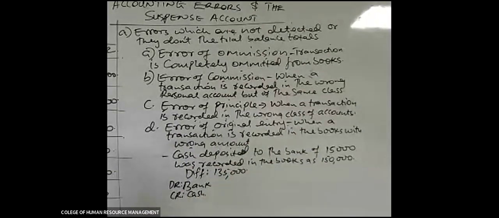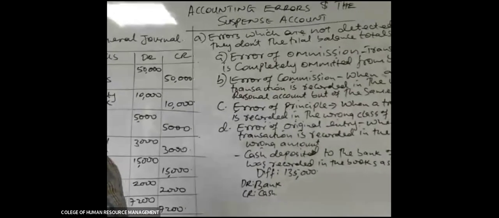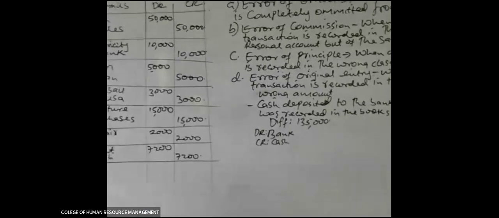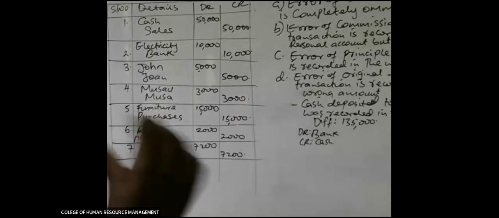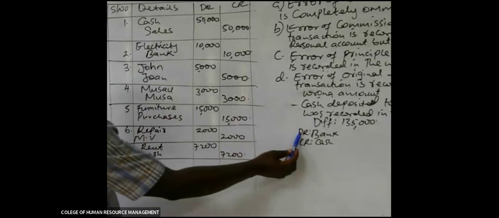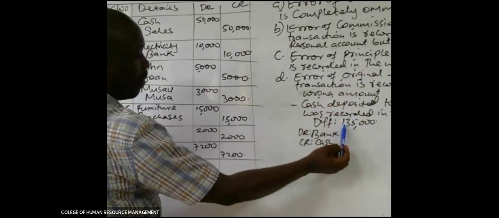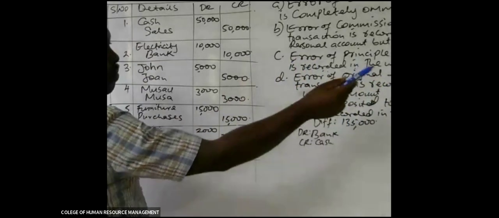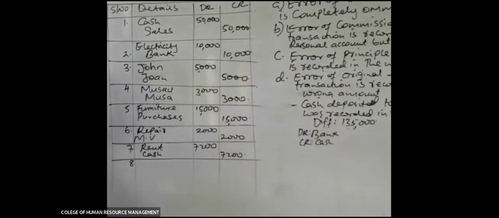So you will rectify the error by reversing the extra amount. We do not reverse the whole transaction. We reverse only the overcasted amount. This is number 8. My bank account was debited by 150,000 instead of 15,000, so I debited 135,000 more. My cash, which was supposed to be credited by 15,000, was credited by 150,000, which is 135,000 more.